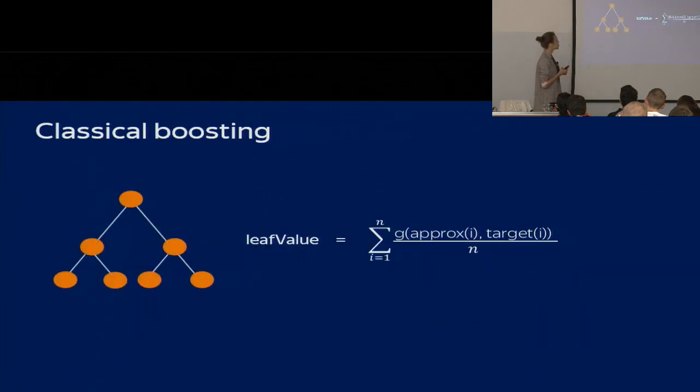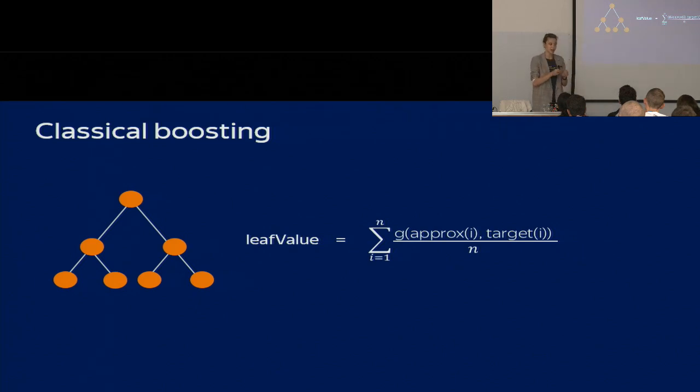The next thing we are doing is using a specific schema for gradient boosting. Usually, when you build a gradient boosting model, the leaf value is the estimate of the gradients of the objects in this leaf, which is just the average gradient of all the objects in the training dataset that are in this leaf.